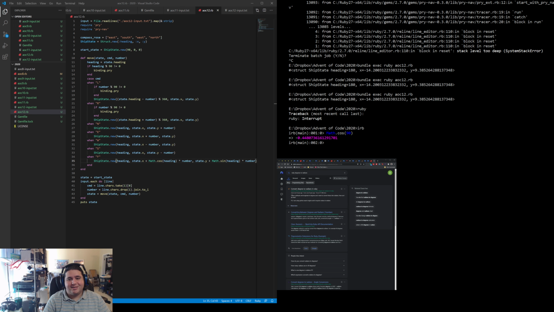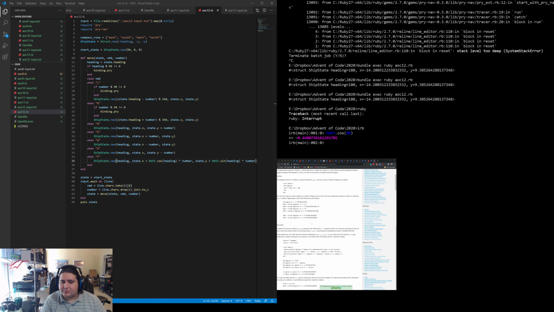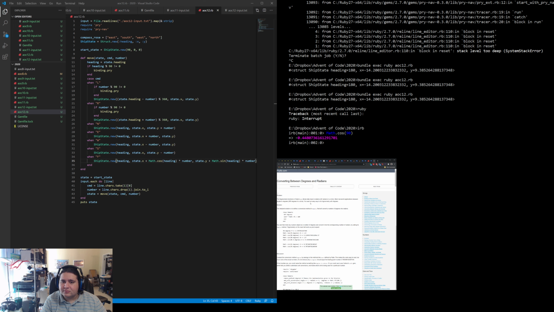I suppose I could do all of this in math with pi, but the simplest solution would be to define a conversion numeric that will convert this.